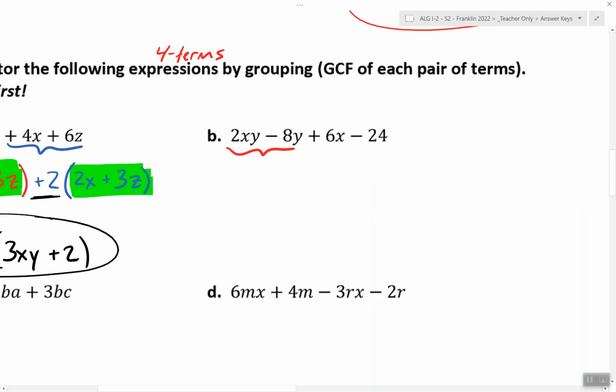So the first two terms, we can take out a 2y from that. What's left is x minus 4. Second two terms, 6x minus 24, we can take out a 6, positive 6. What's left is x minus 4.